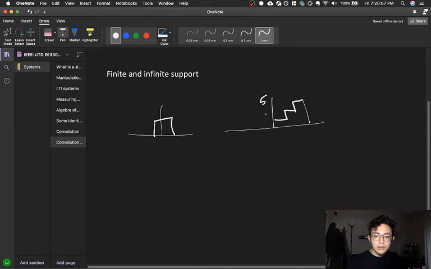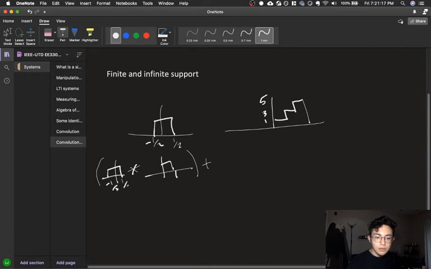So like this 5, 3, 1. Right, so this one is going to be this convolved with this 1, convolved with plus, so this is -1/2, 1/2, 0 to 1, -1/2, 1/2.